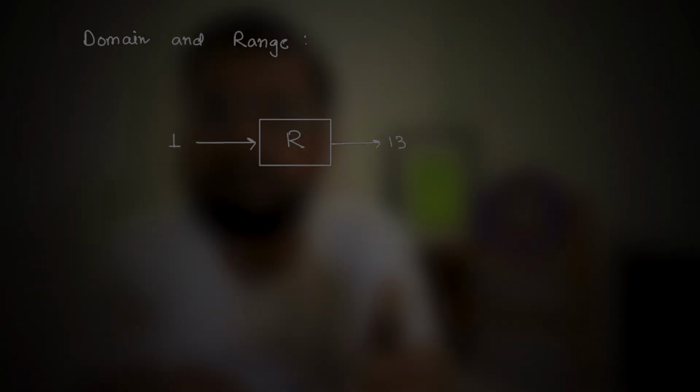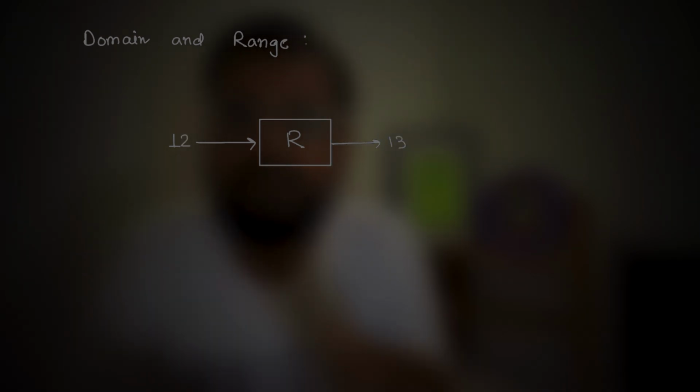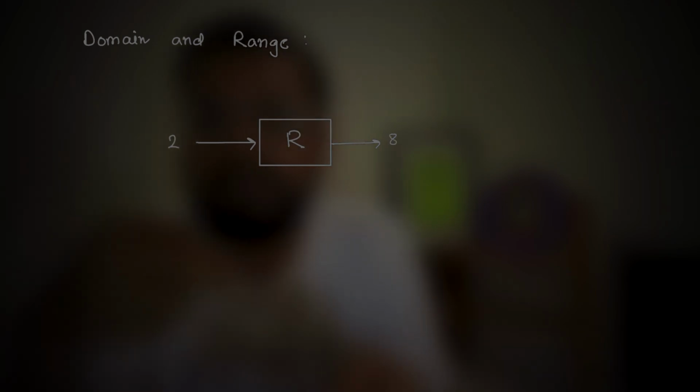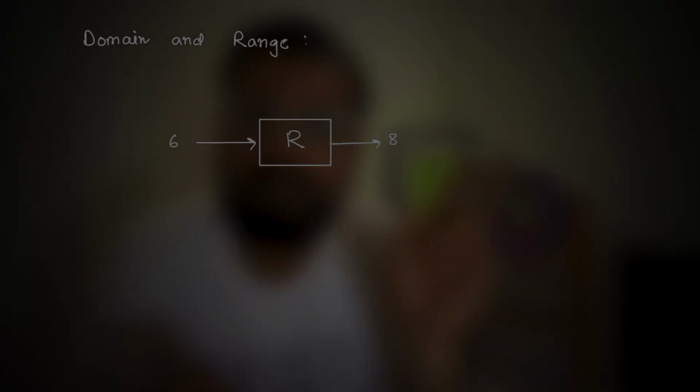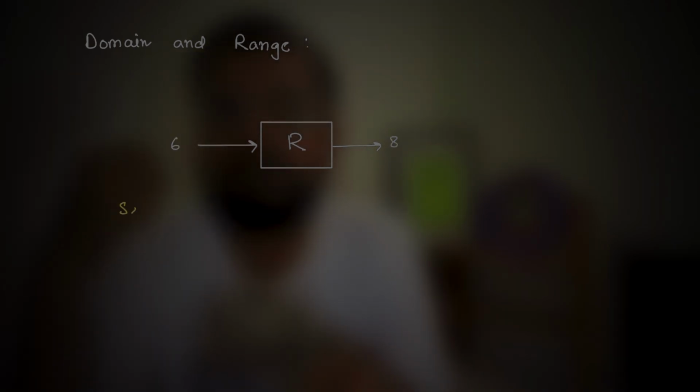For example, in the previous relation, as we have seen, whenever it takes 1 as input or 12 as input, it gives you 13 as output. Whenever it takes 3 and 4 as input, it gives you 7 as output. Whenever it takes 2 and 6 as input, it gives you 8 as output. So that is the idea of any relation.